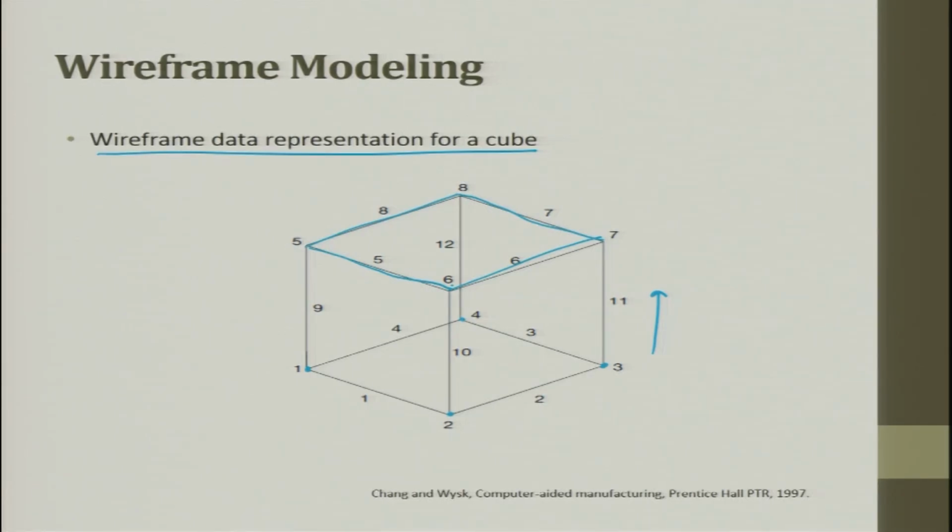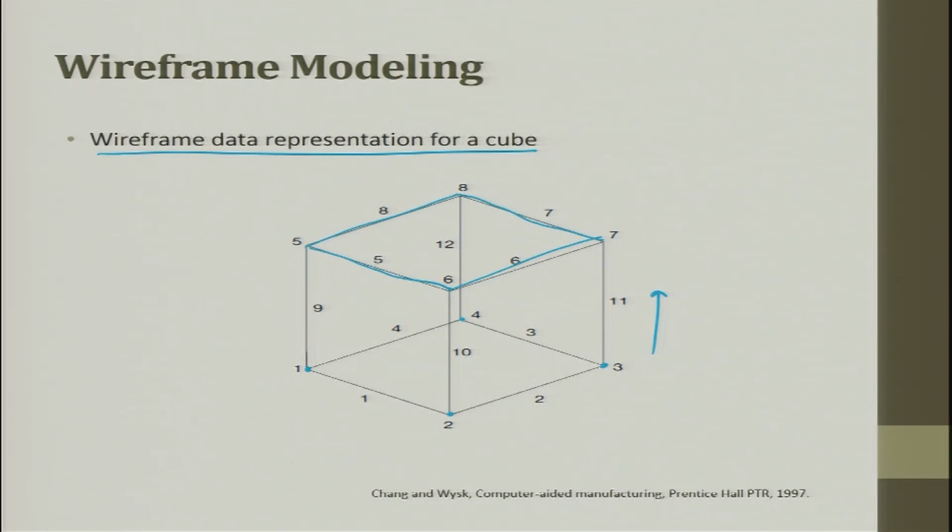These are the edges, and now you want to draw the lines connecting them. So 1 and 2 are connected by a line, 2 and 3, 3 and 4, 4 and 1, and in the same way 5 and 6, you draw a line. When you look from a 3D perspective, it becomes an edge. 6 and 7, 7 and 8, 8 and 5.